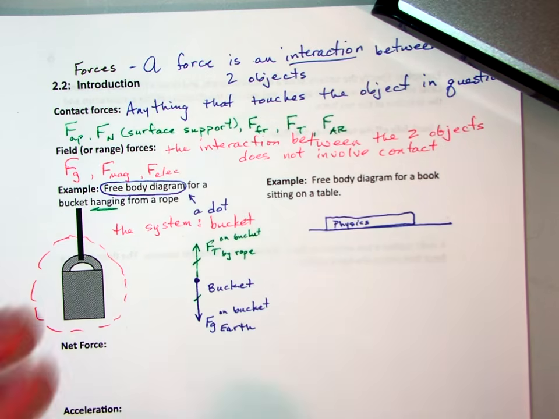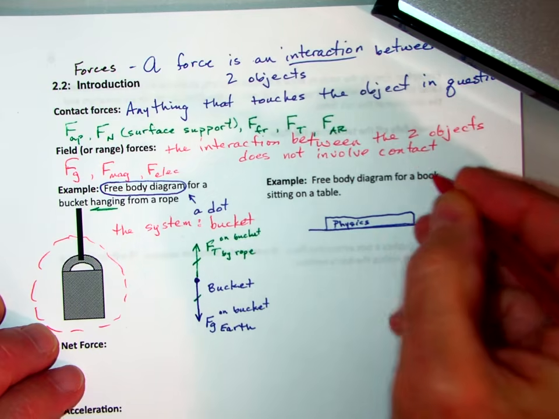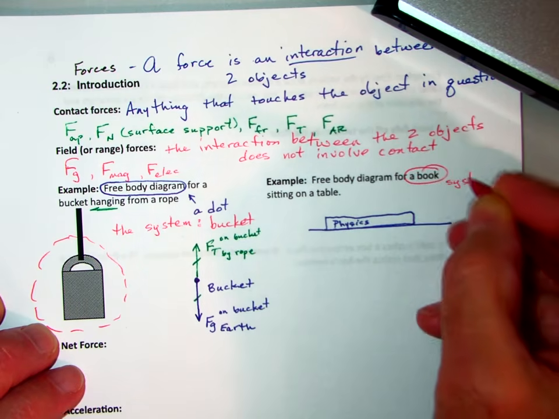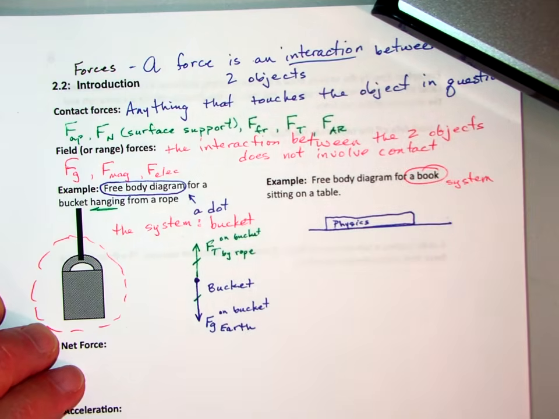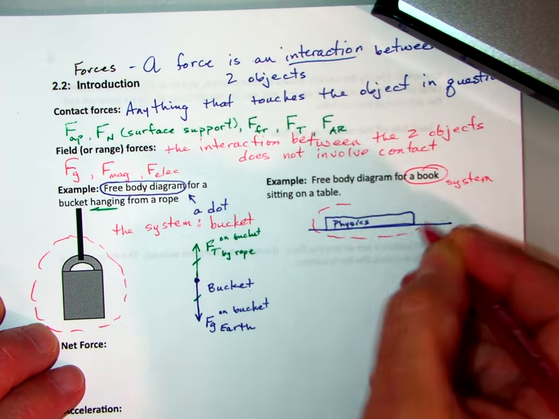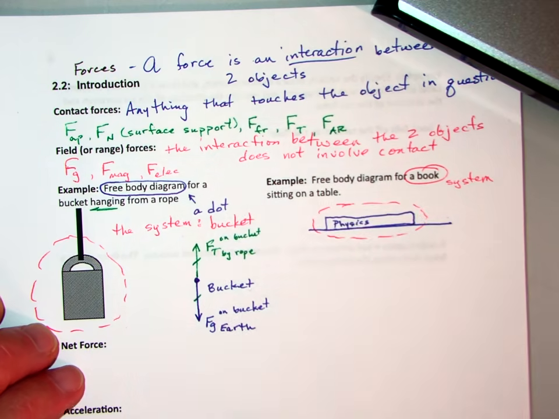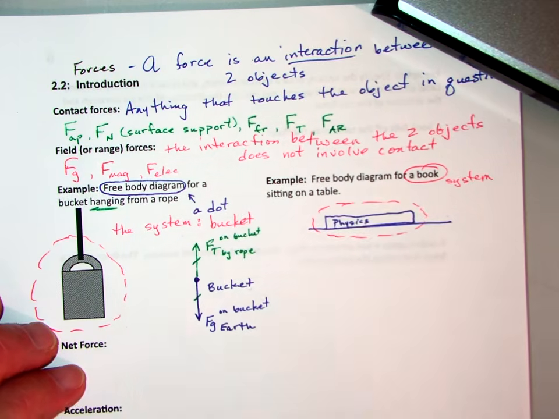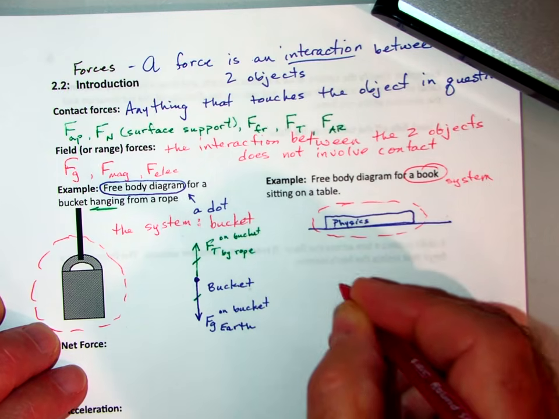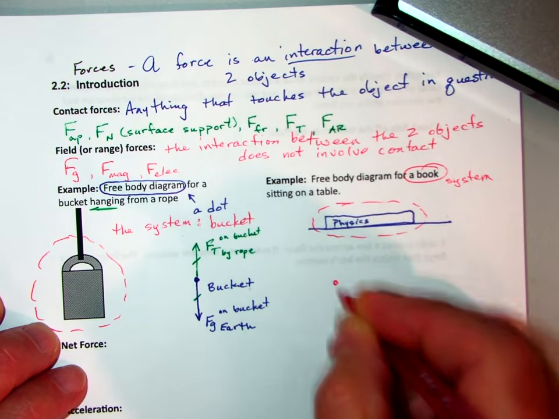Again, the first thing that we want to do is identify the system, a book, that is our system, and then circle the system. We circle the system so we can identify what breaks the circle. Again, in this case, the dot represents the book.